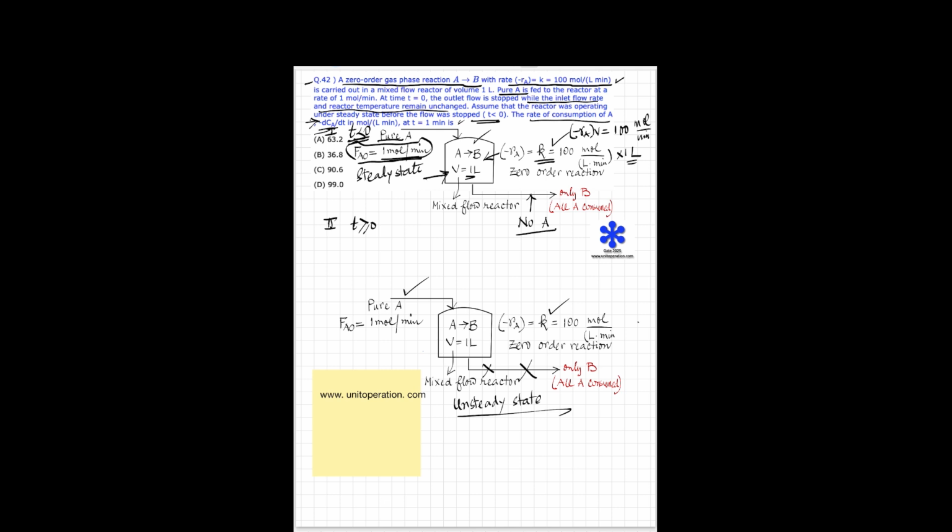At time t greater than or equal to 0, what happens? This outlet flow is stopped.